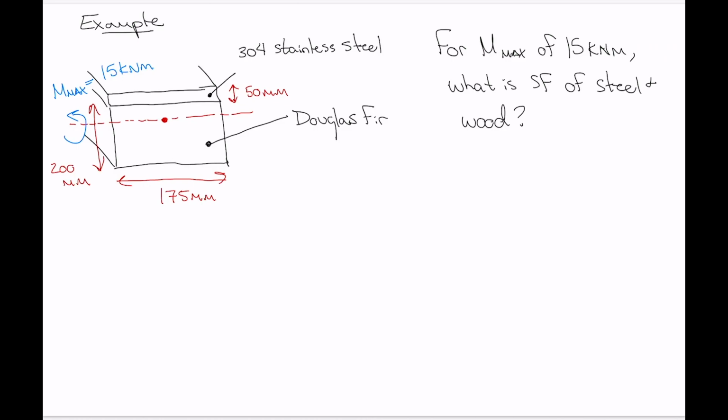So let's think about this. In order to calculate the safety factor for either the wood or the steel, we want to take the ultimate strength and divide it by the maximum stress currently in the material. That's for the wood.